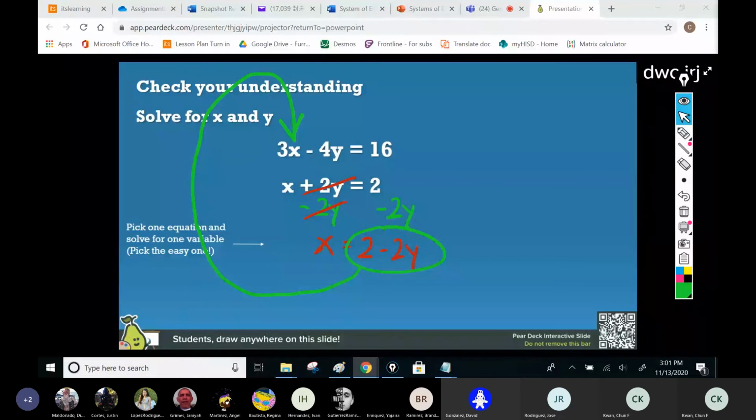There you go. Okay, good. Minus 10y, all right? Minus 10y.